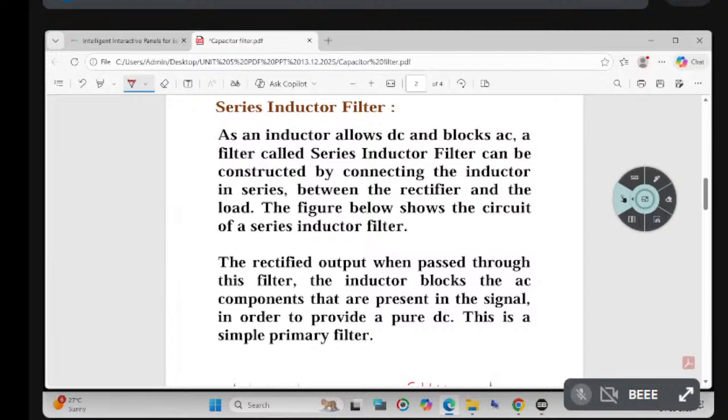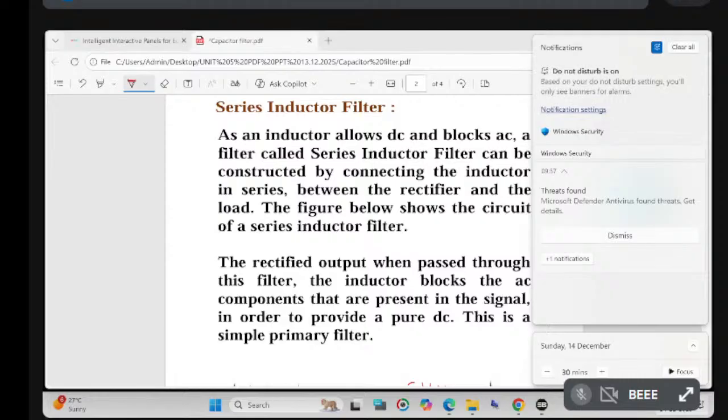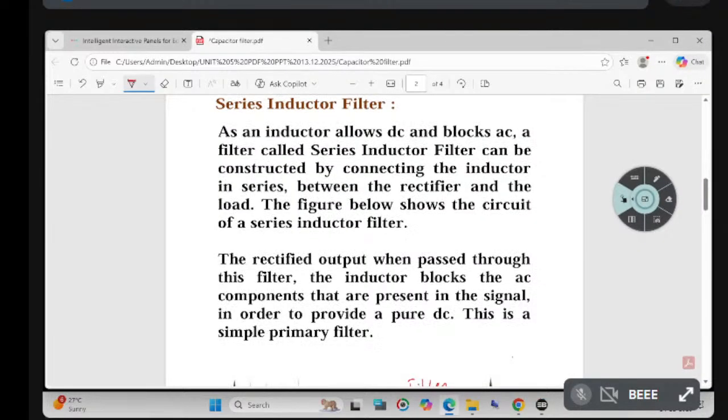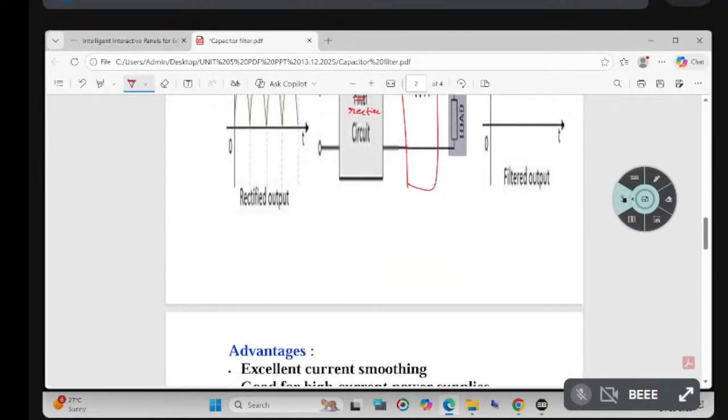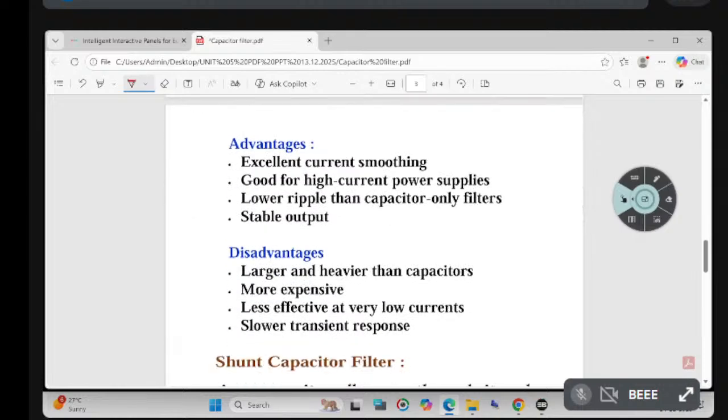Next one, capacitor filter. You can see advantage and disadvantage later.